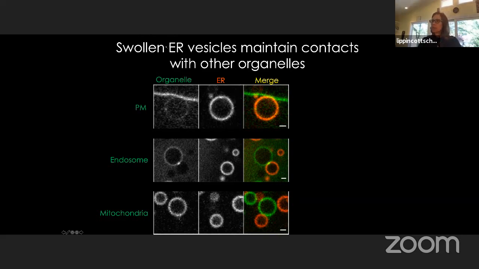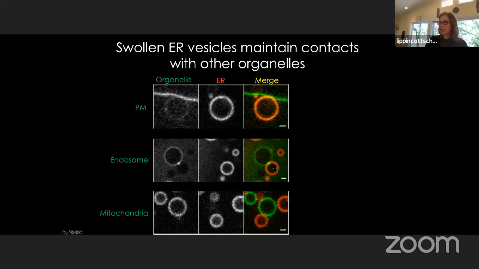So here we are looking at the ER swollen vesicles in the context of its association with plasma membrane, endosome, and mitochondria. And what you can see is that the ER is maintaining its contacts with all of these different organelles. Here's the ER making contact with plasma membrane.